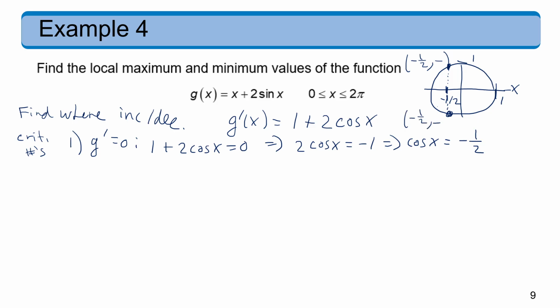So then the question is, do you know what angle takes you, first of all, to this point? This is a familiar point from the unit circle. It's one of the ones we memorized. The y-coordinate here is actually √3/2. And so you need to know the angle that takes you there, and that would be 2 pi thirds.